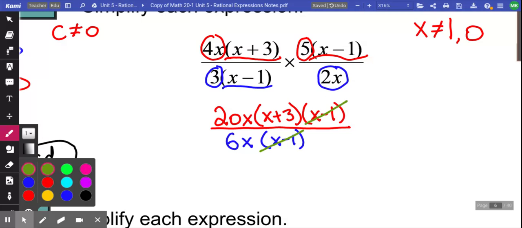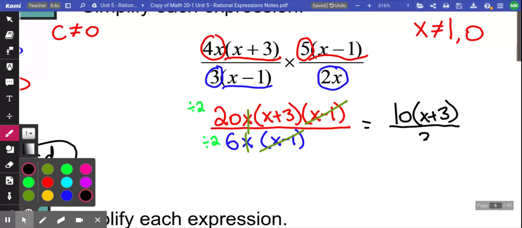Other things that cancel, this x and this x cancel. Also, this 20 and this 6 can both divide by 2. This leaves me with 10 times x plus 3 on the top divided by 3. And that is my final answer.